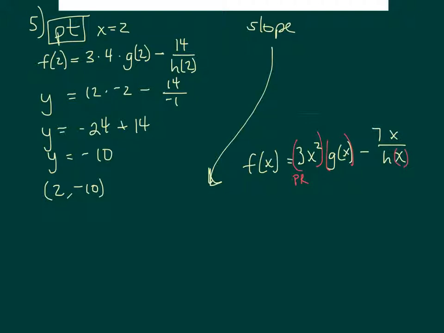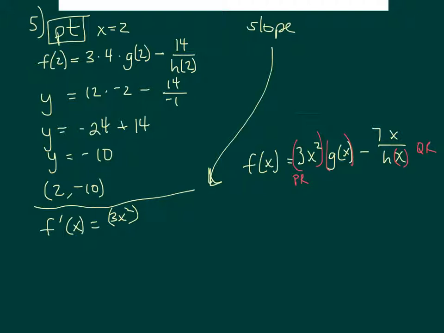That was supposed to be h of x. That to me looks like the quotient rule. So we're going to use the right rule with the right part of each of these problems. So f prime of x is equal to, first the product rule: first, 3x squared, times the derivative of the second.